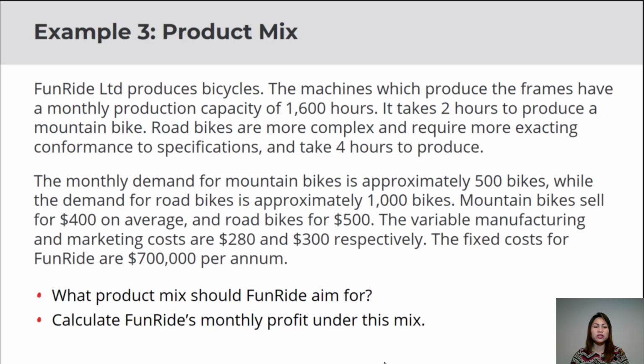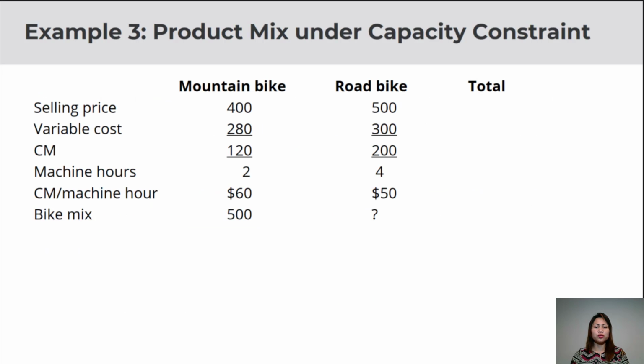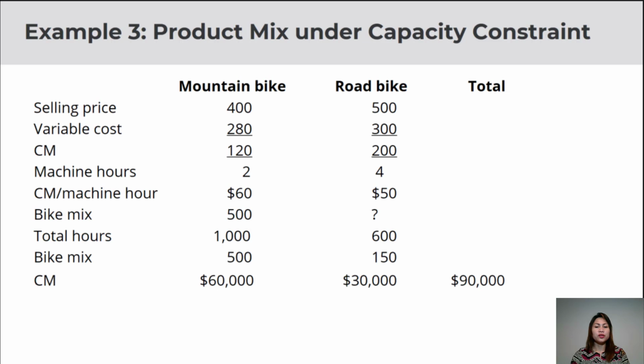So 700,000 divided by 12 equals $58,333. So the difference will be the profit for that month. Because this is the monthly product mix plan for the company, every month equals $31,667.